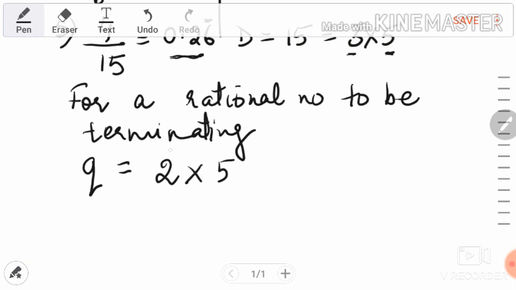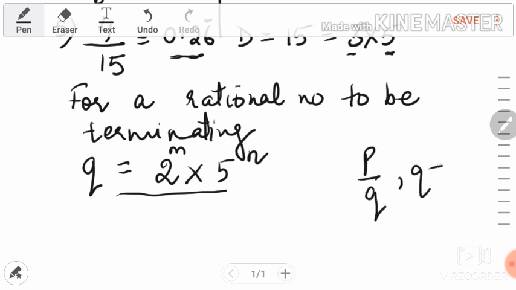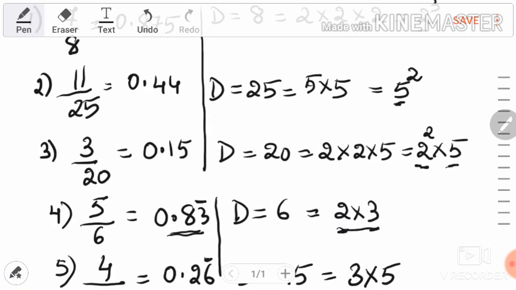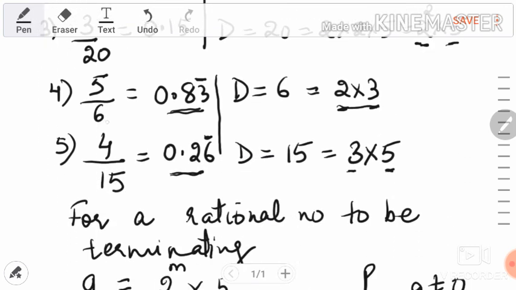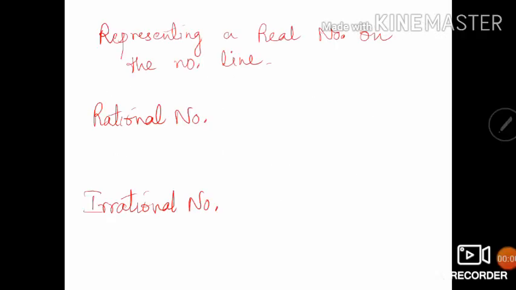So we write it like this: 2 to the power m into 5 to the power n. This is our rational number p upon q, where q is not equal to 0. So if this denominator can be expressed as 2 to the power m into 5 to the power n, in simple words, if the denominator has factors either 2 or 5 or both, then it will be a terminating decimal. If it has any other factor other than 2 or 5, then the rational number will be non-terminating recurring.